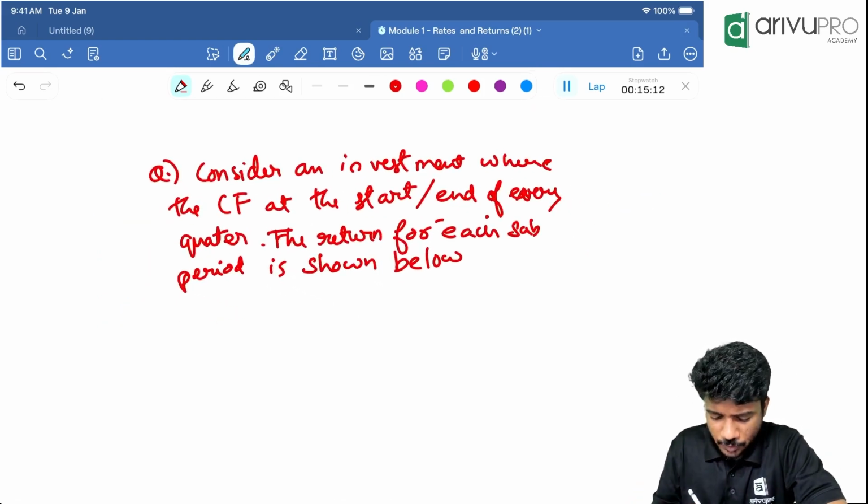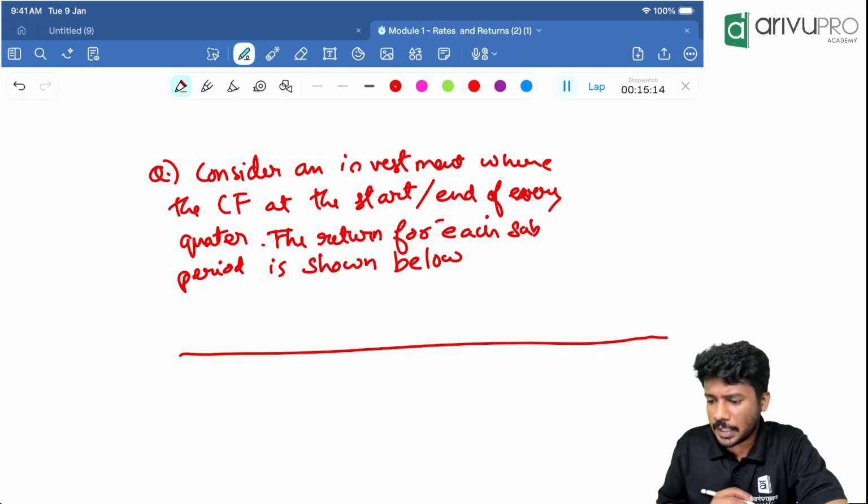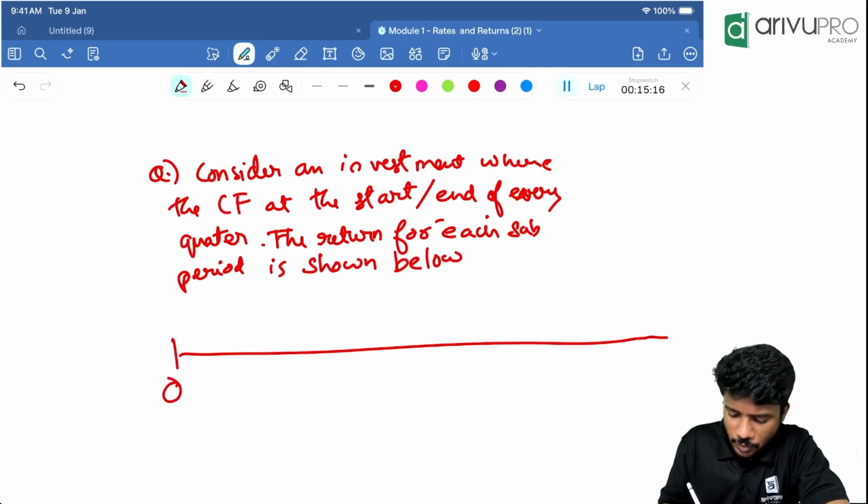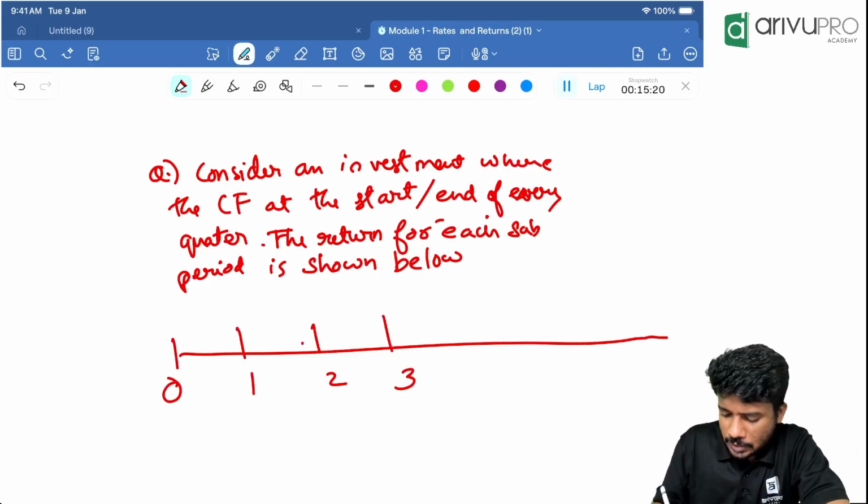So I'll just show you that also. Okay, so this is the entire timeline. 0, 1, then 2, then 3, then 4, then 5, then 6, then 7, then finally the 8th sub period.